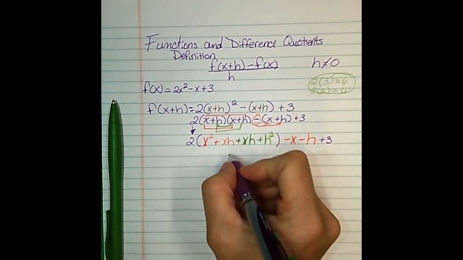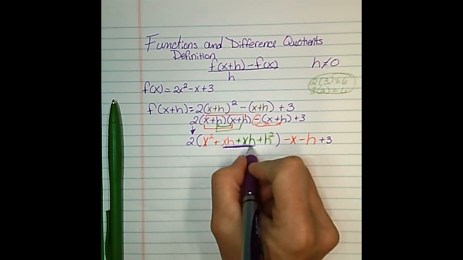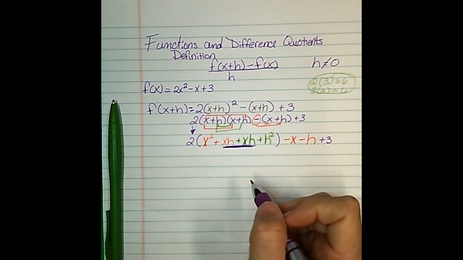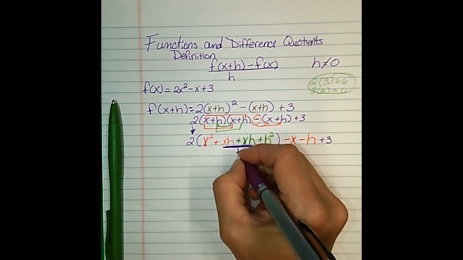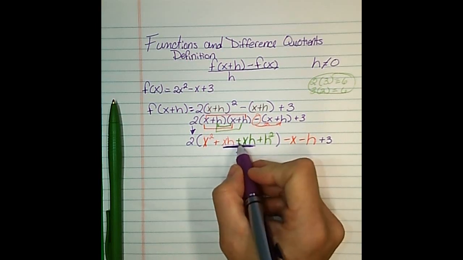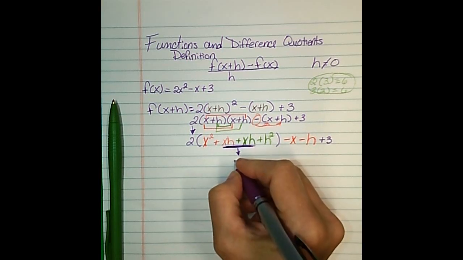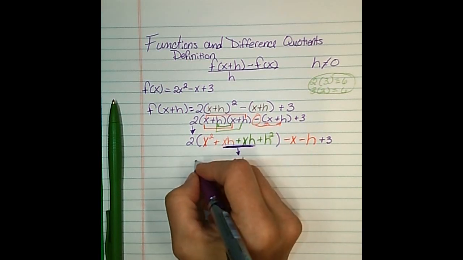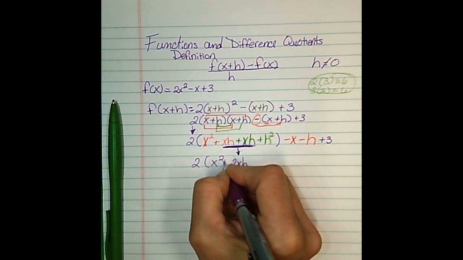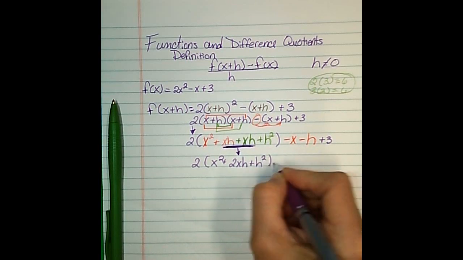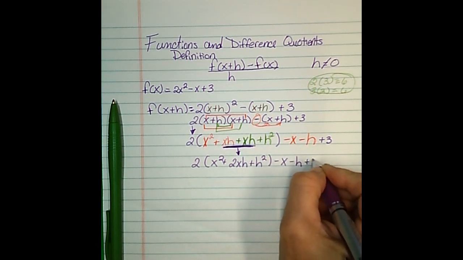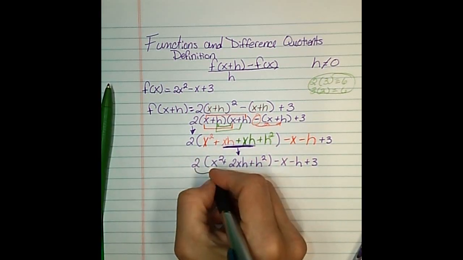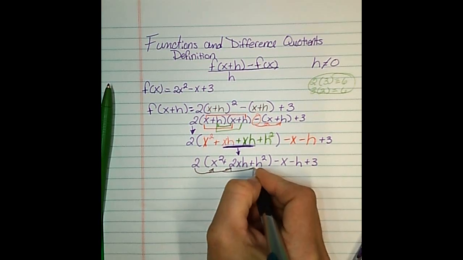One more step before I distribute that 2. Let's clean this up. We're going to combine any like terms, and I notice xh and xh are like terms. So I'm going to read the signs. Positive xh plus xh means I'm going to end up with 2xh, because we're going to add them together. And now let's bring everything else down. Alright, now let's distribute this 2 to everything inside the parentheses.